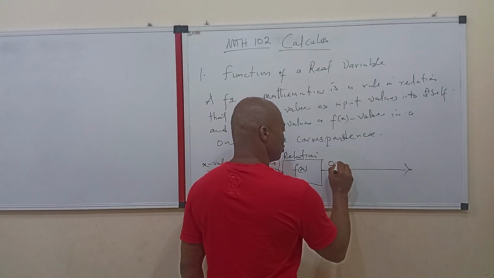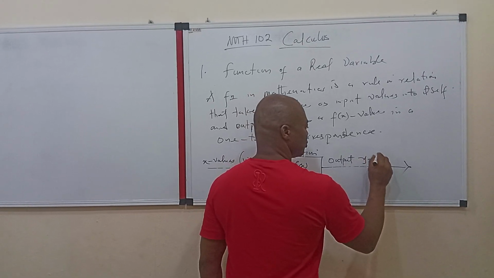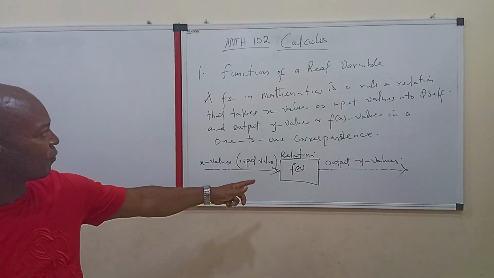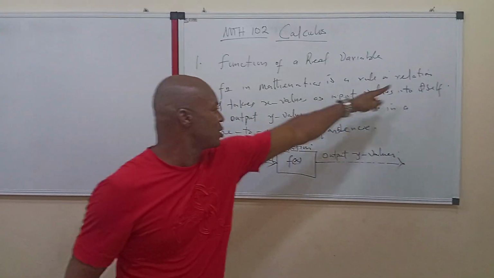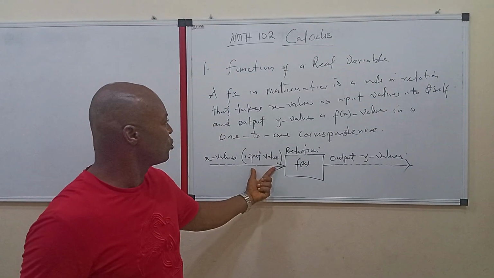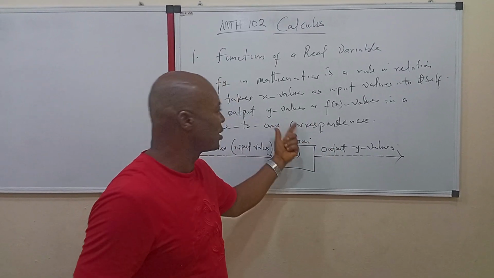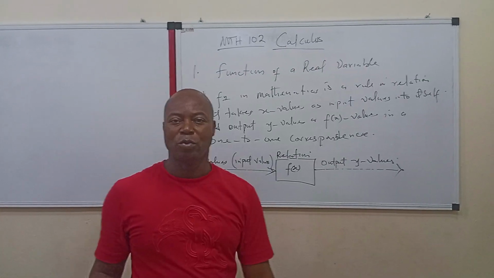So what we're trying to say is that a function in mathematics is a relation that takes x values into itself, and after processing, it outputs y values in a one-to-one correspondence.